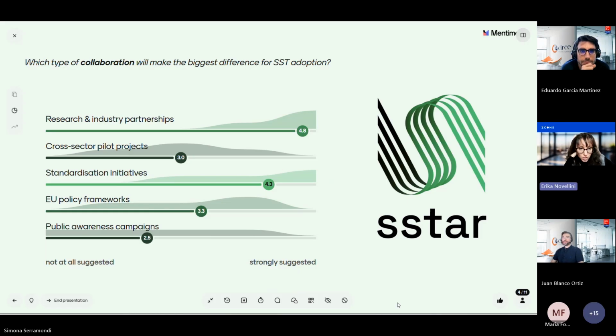Then we have standardization initiatives and EU policy frameworks, as we also mentioned earlier. It is indeed a gap we need to consider. And then we have cross-sector pilot projects.